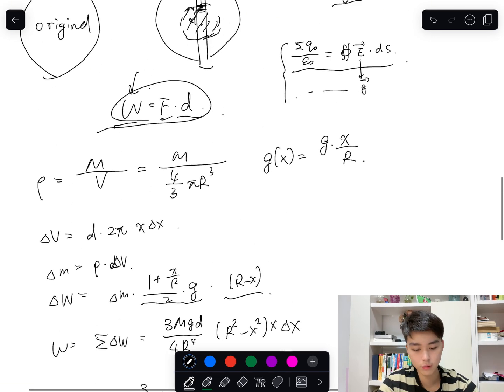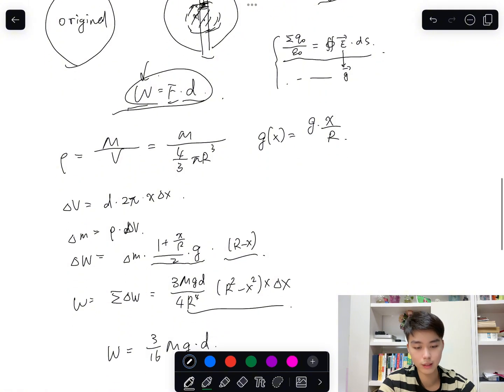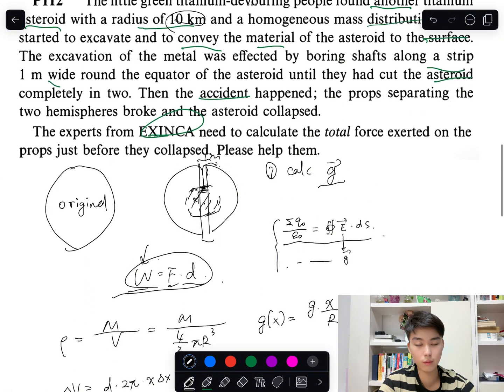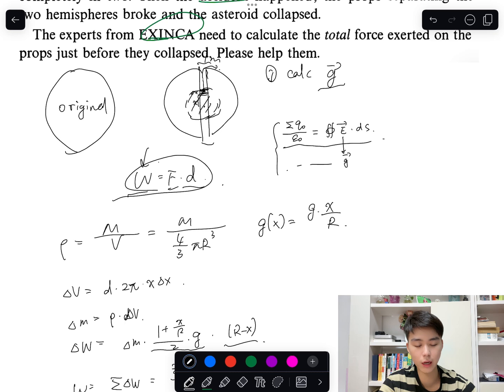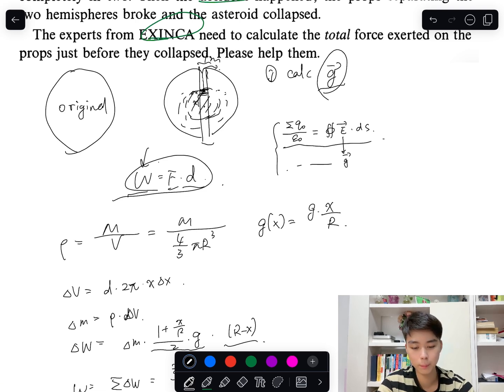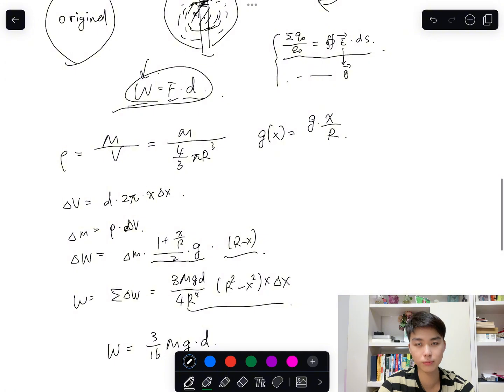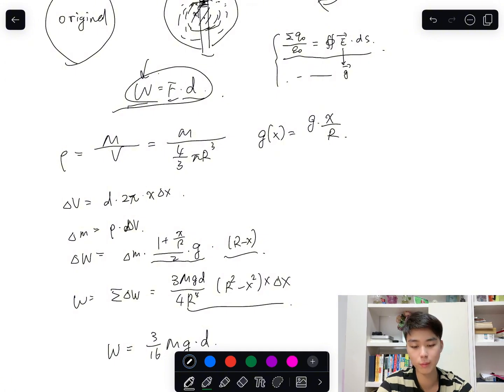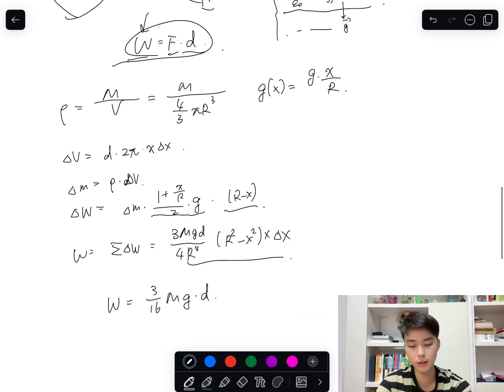This may seem very hard at first glance, because we're not going to figure out the gravitational strength at each part and use calculus to do that. But if we calculate the amount of work done to separate the two parts apart, that will be very easy. You can see that every step is very straightforward.